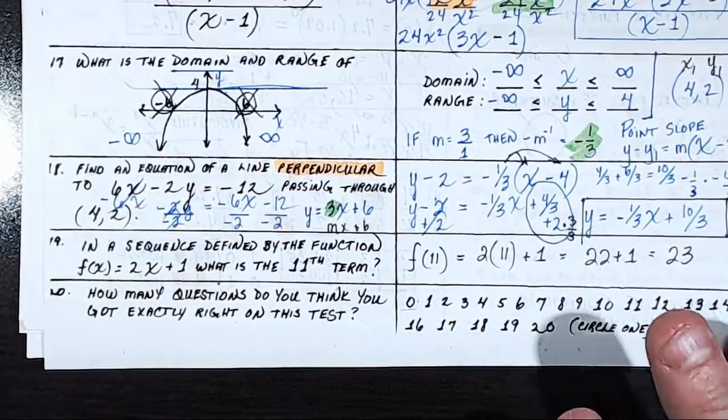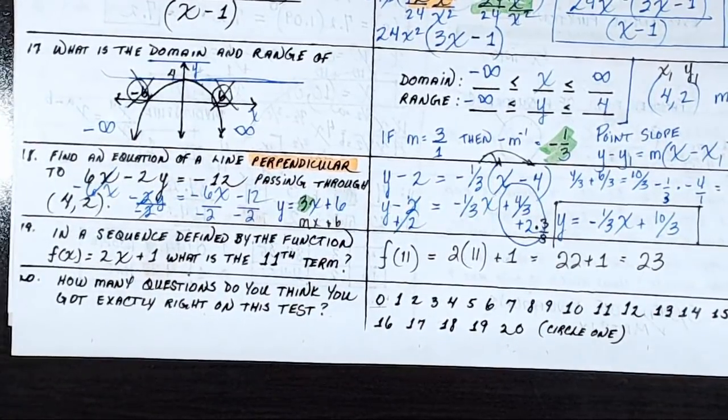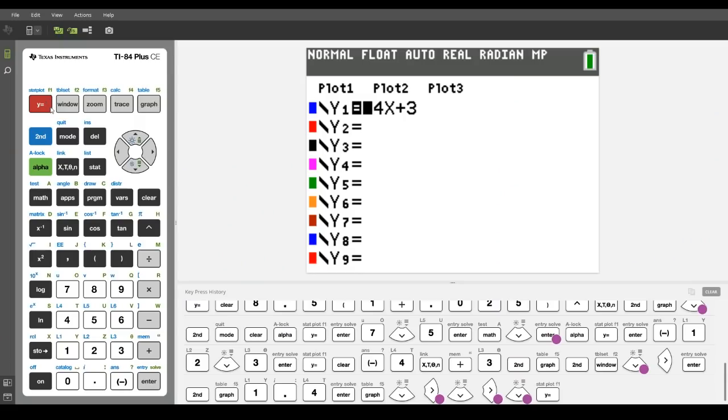Now, if you didn't know that, you could have gone to the calculator, gone to y equals, clear this out, and put in 2x plus 1, and then hit second graph. We got to change that second window table setting back to auto.